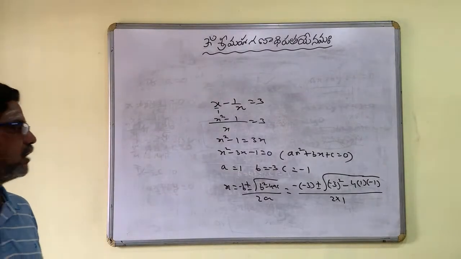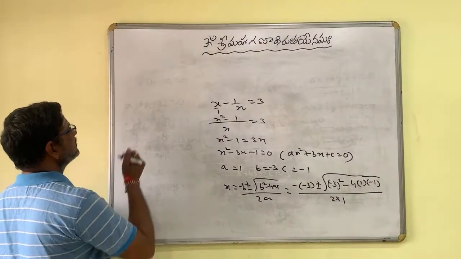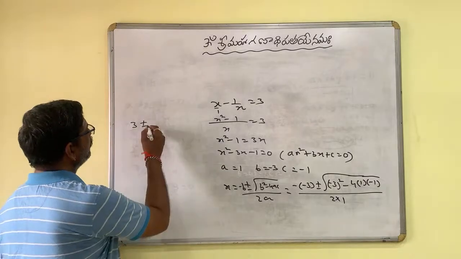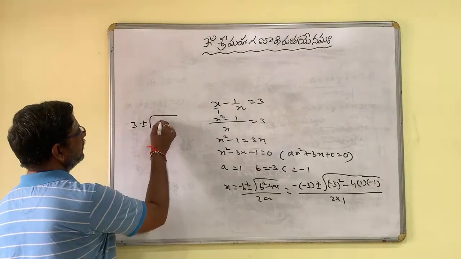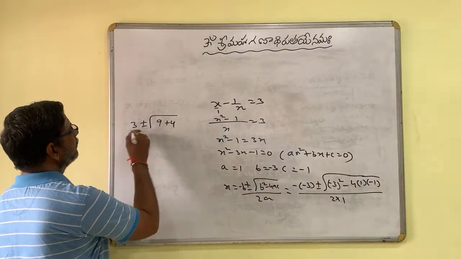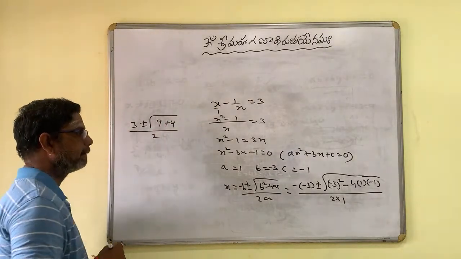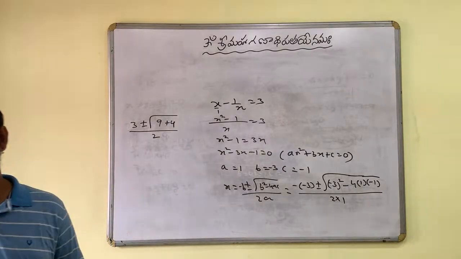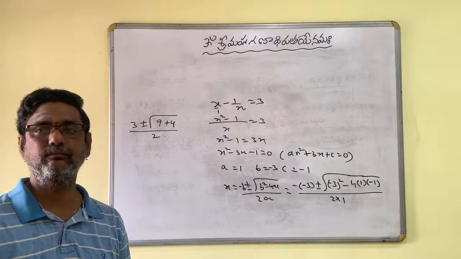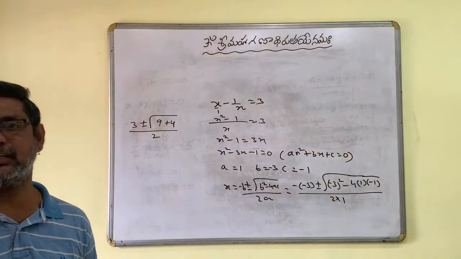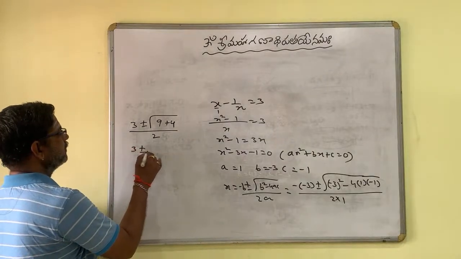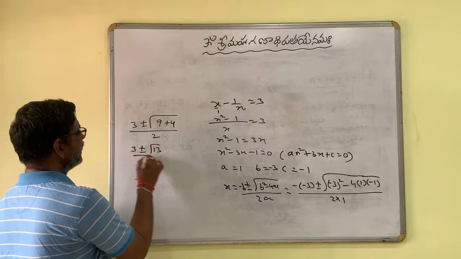Okay, now simplify. Minus of minus 3 is plus 3, plus or minus root over 9 plus 4 by 2. 9 plus 4 we got. What is 9 plus 4? 3 plus or minus root over 13 by 2.